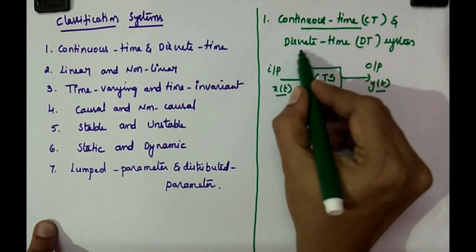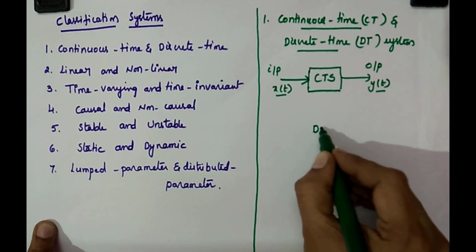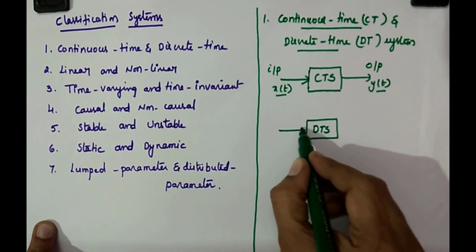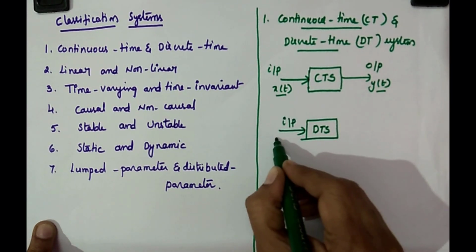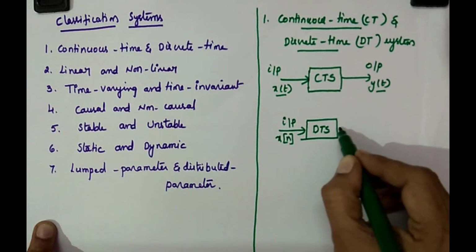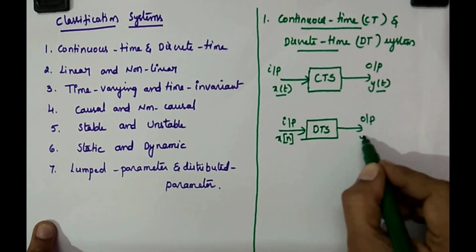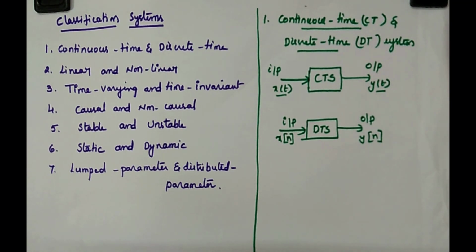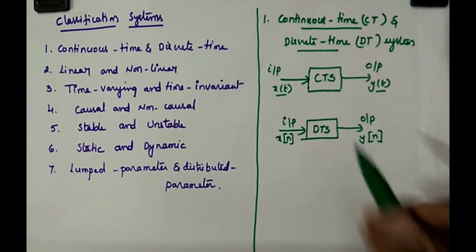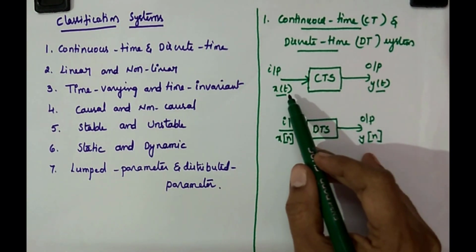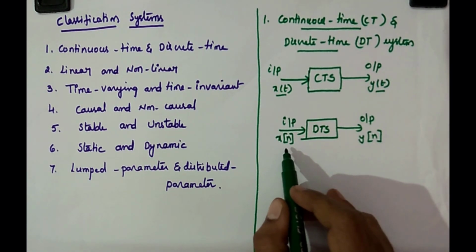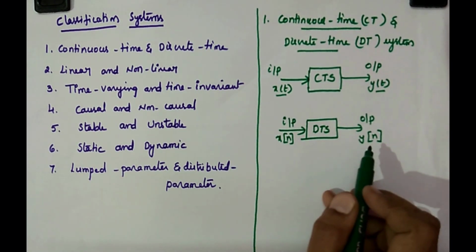Okay. Then take your discrete time system. The discrete time system takes input as discrete sequence x of n and gives output as a discrete sequence. So this type of system is called discrete time system. Okay. So for continuous time system, input is continuous signal, output is also continuous signal. For discrete time system, input is discrete signal, output is also discrete signal.